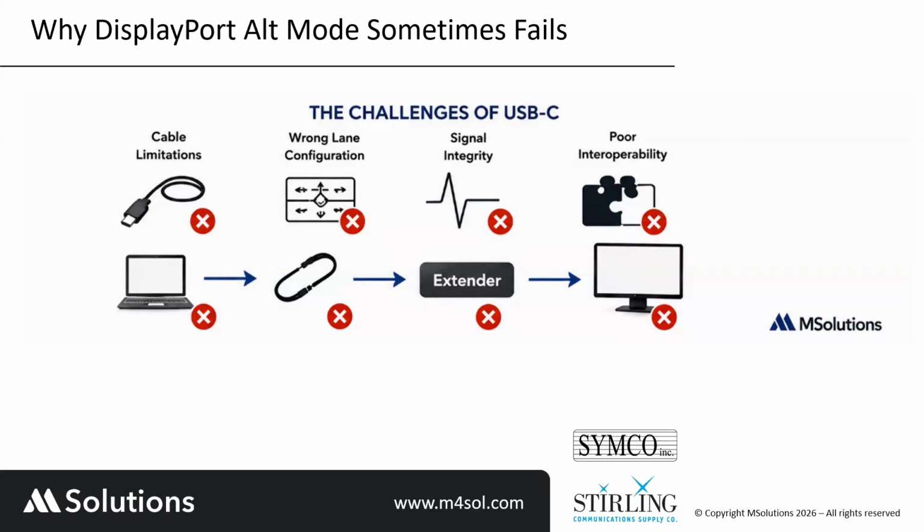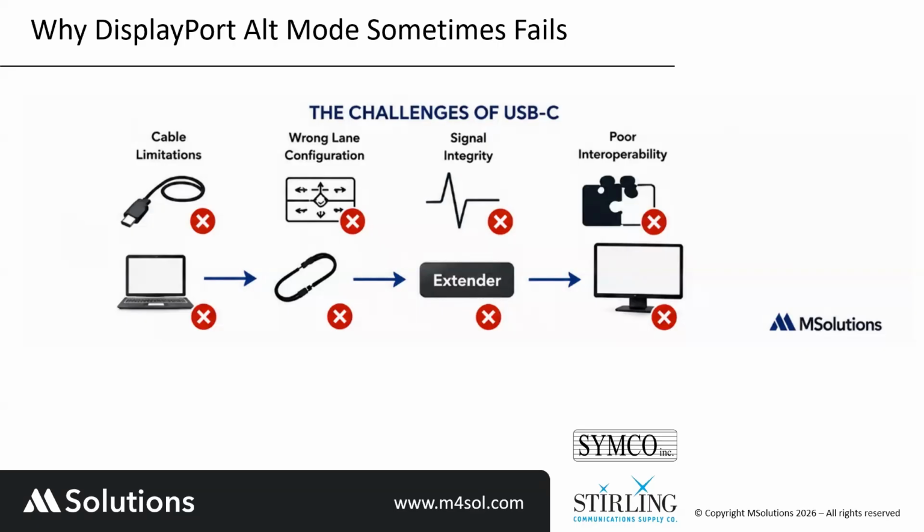An additional thing that we mentioned here is wrong lane mapping or configuration. The 4 high-speed lanes must be routed correctly. An incorrect lane assignment or orientation issue can prevent the DisplayPort link from being established.